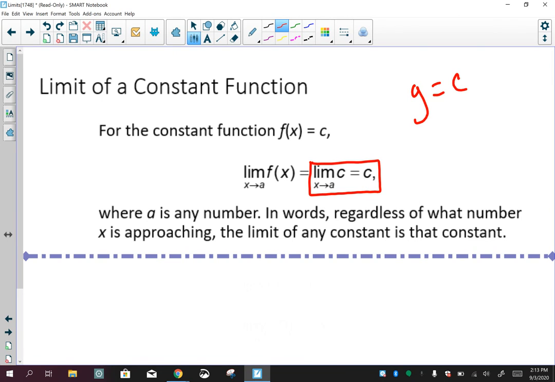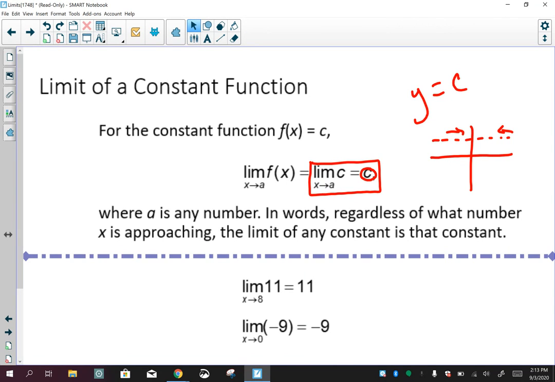Well, if I've got this horizontal line that's sitting here, regardless of which way I'm coming from, if I'm coming from the left side or the right side, what number am I going to always be approaching? And the answer is going to be that C value.